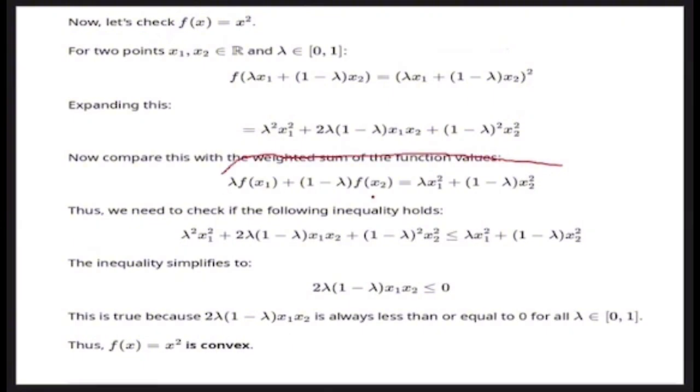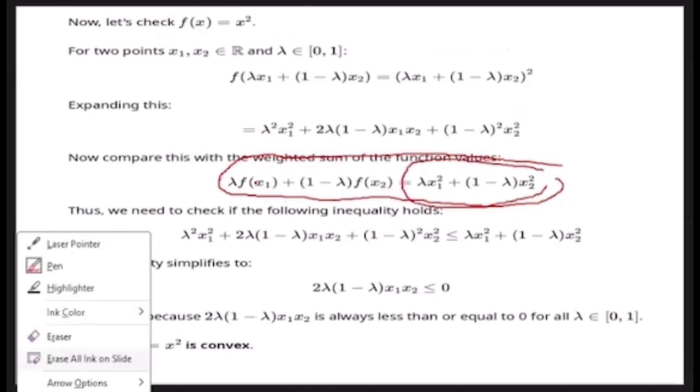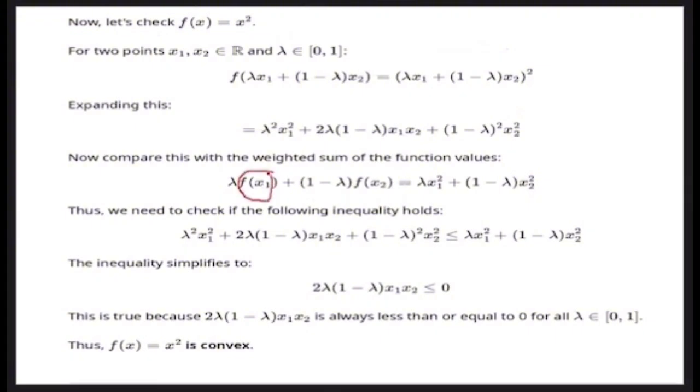If I write it, it means f of x1 is the same thing as x1 squared. Why? Because f of s equals s squared. So f of x1 will be x1 squared. What would be the f of x2? F of x2 will be x2 squared. Any question? You see that? Because f of s equals s squared, f of x1 will be x1 squared.